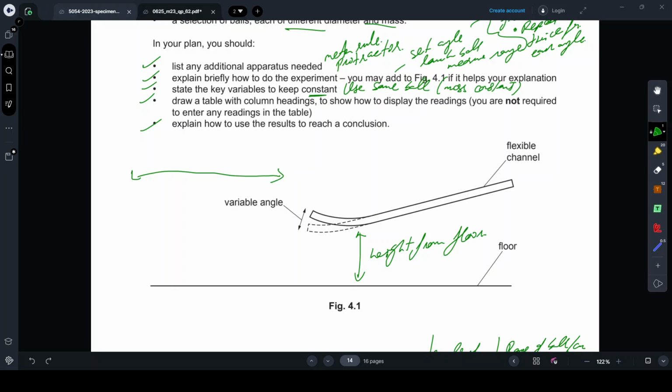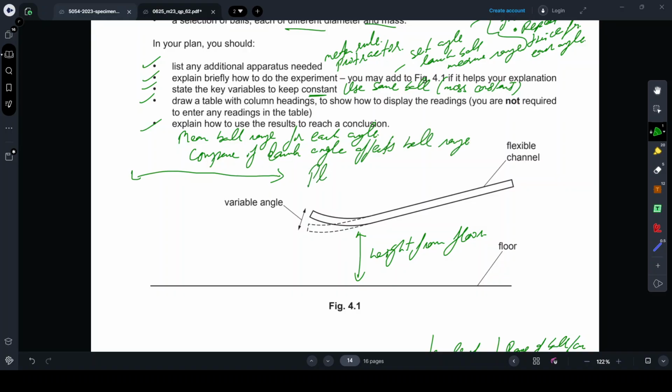How are you going to use the results to reach a conclusion? First of all, because you're repeating each one thrice, you're going to take a mean ball range for each angle. And you're going to compare if launch angle affects ball range.